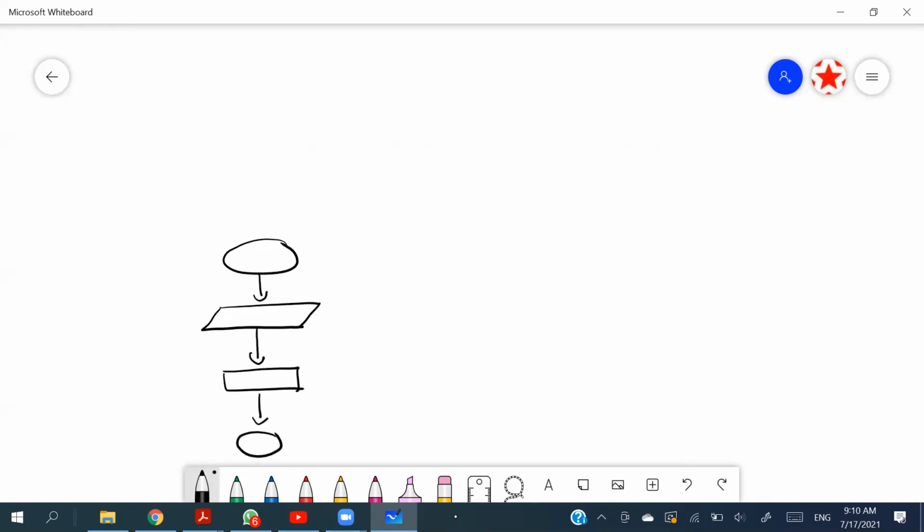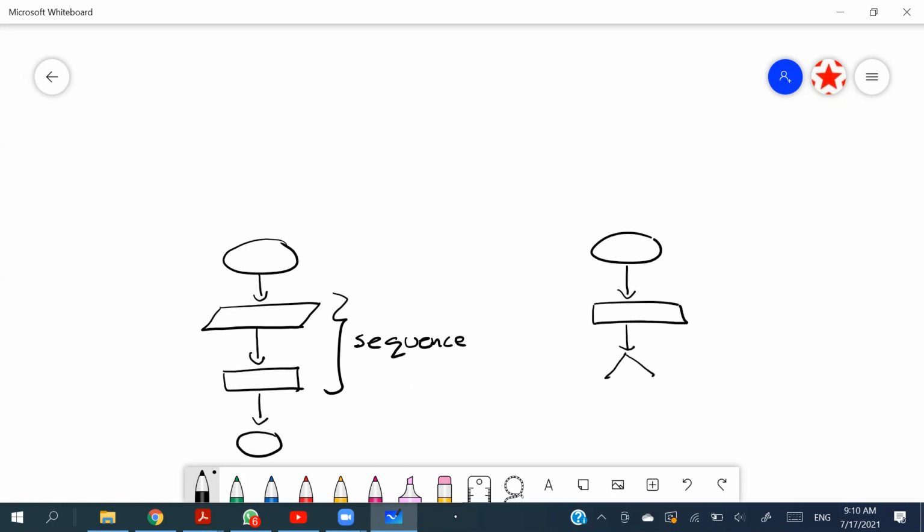Then you can name it sequence, once this is complete. Right? If you want to show a selection, right, this is going to be one good way of showing that.